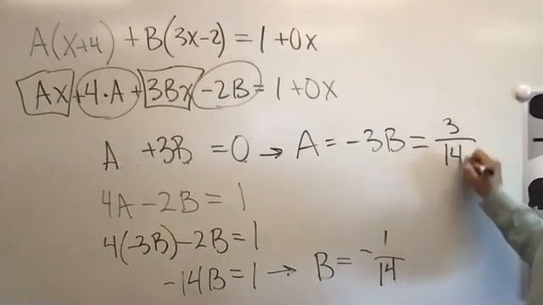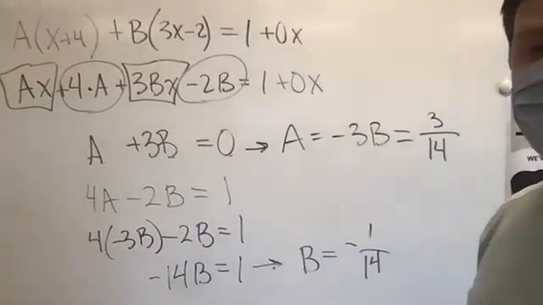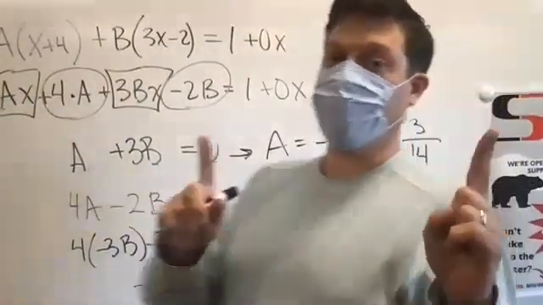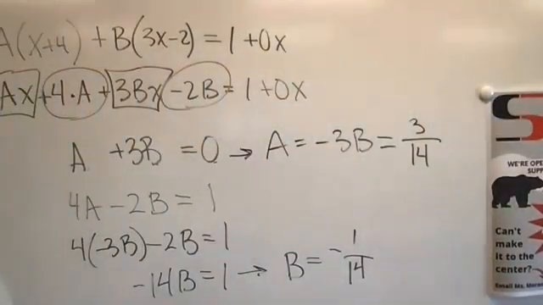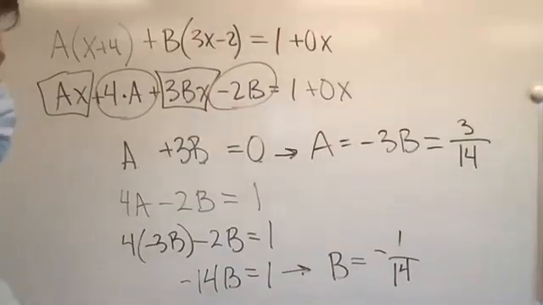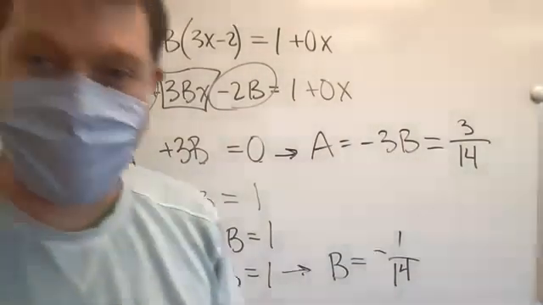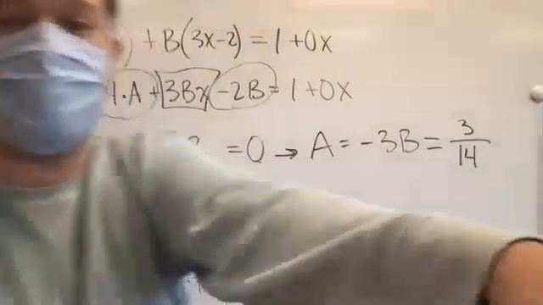3 over 14. Knowing those two numbers, okay, screenshot time. Knowing those two numbers, we're going to take them all the way back to the other side of the room. Here it goes. It is recorded as well, right?